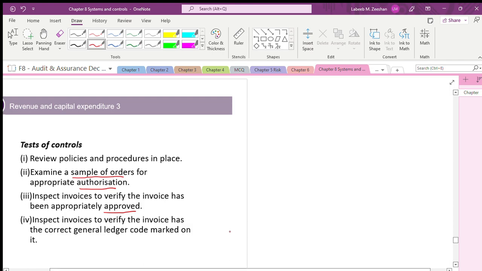If invoices have been authorized, check whether they have been approved or not. Subsequently, inspect invoices to see whether we have given the correct code. This is significantly different from the other internal procedures.